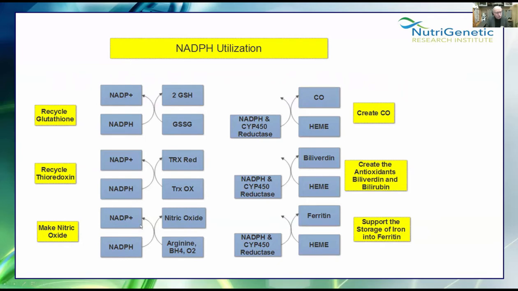Without enough NADPH, we have inadequate nitric oxide. Okay. Thioredoxin, we don't talk about that very much, but it is involved in clearing hydrogen peroxide, an incredibly important antioxidant. NADPH recycles the oxidized back to the reduced.